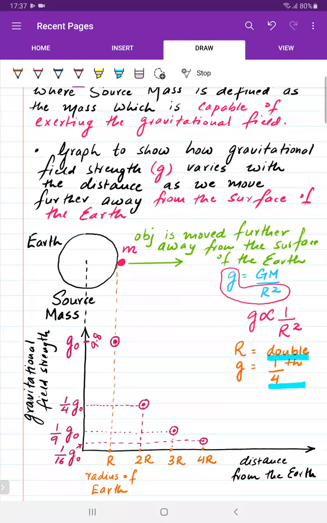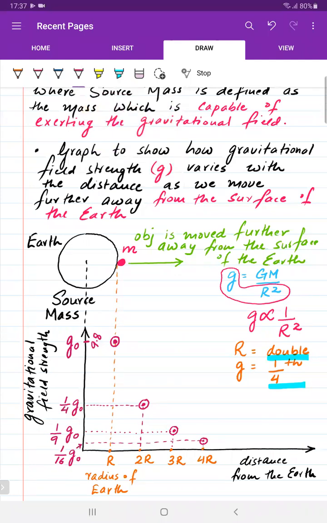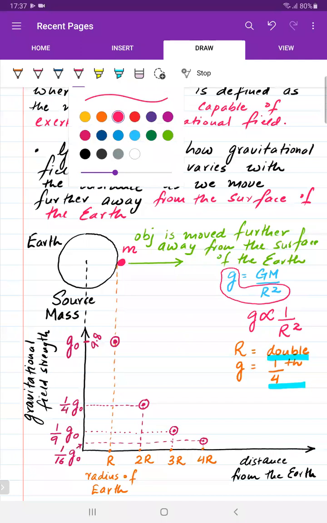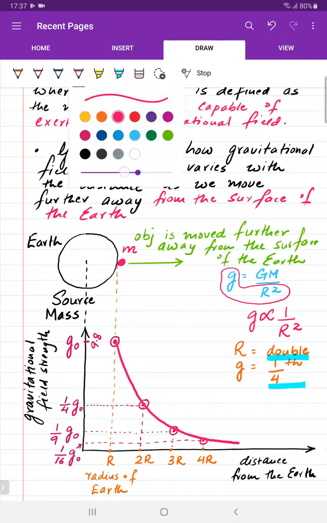I think इतने पॉइंट्स काफी है for us to establish how the strength of the gravitational field varies. एक सेकेंड ना, थोड़ा सा डार्कन करके बना दूं। Purely in terms of mathematical concept, you would agree.